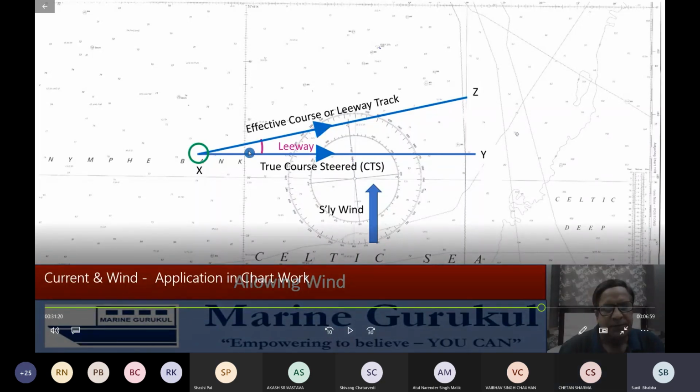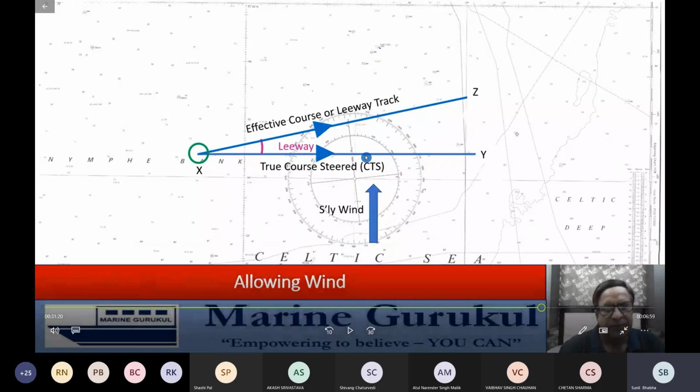So let us say the vessel was steering 090 and the leeway was 5 degrees, what will be the effective course? 085. Very good. So the effective course would become 085. You see the leeway angle is subtracted here. But in this case, if the wind was not from south, but from north, we had a northerly wind, what will be the effective course in that case? 095.